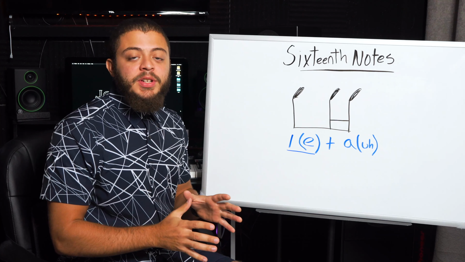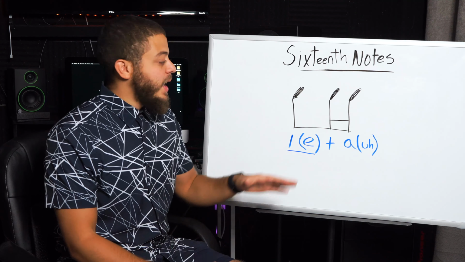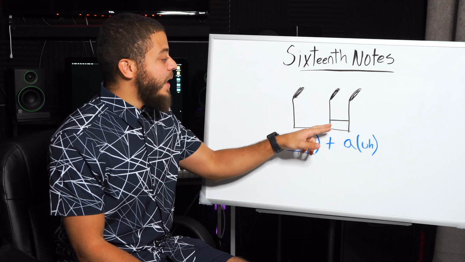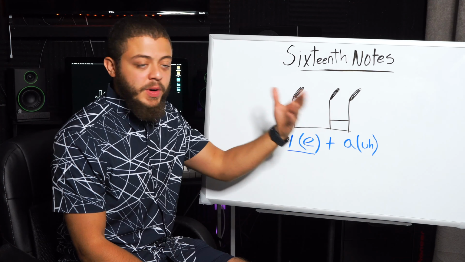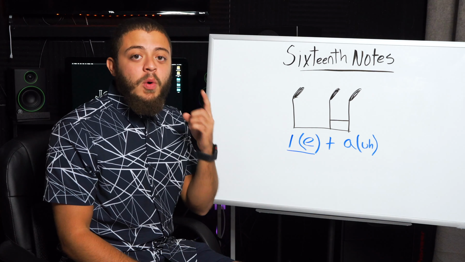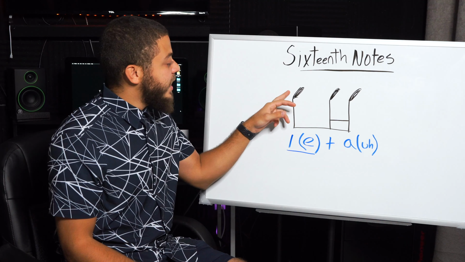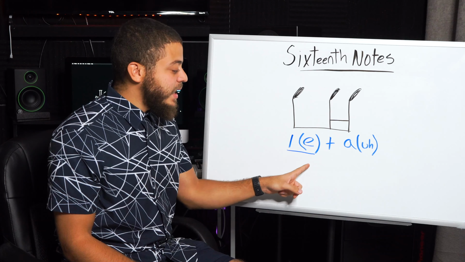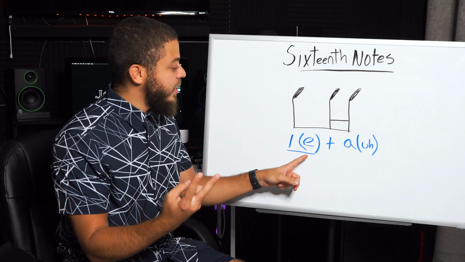So the second way we're going to look at these 16th notes is in this variation where we have an 1/8 note and then 2 16th notes right after. If we remember from the rhythm tree, 2 16th notes equal an 1/8 note. So inside this 1/8 note, we're going to have the value of 1 and E, which is 2 16th notes.